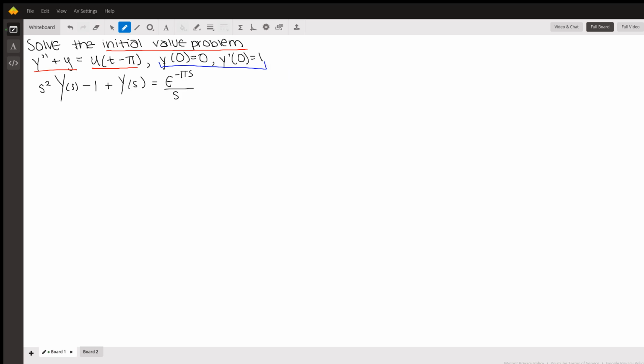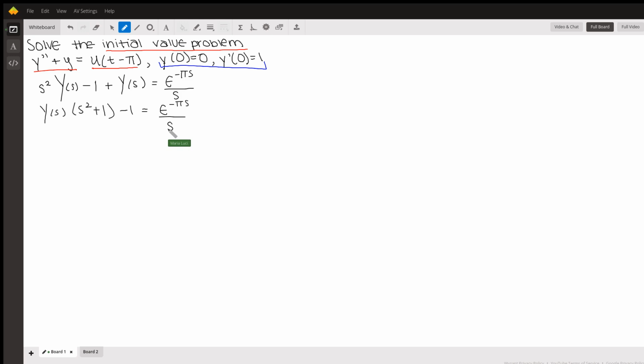So the next thing is we can factor out the Y of s on this side. So it'd be Y of s times s squared plus 1, and then you have a minus 1 left over on this side.